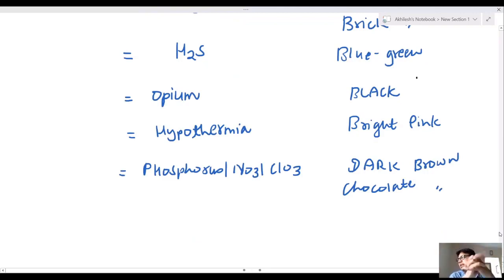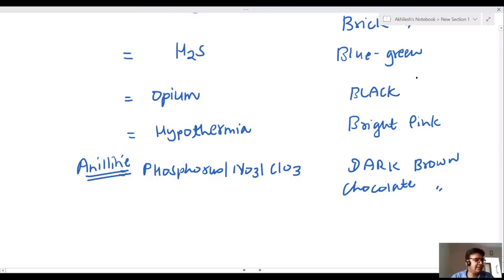These are the colors seen in phosphorus, nitrate and chlorate poisoning. And you can even write down aniline, which also has the same color.